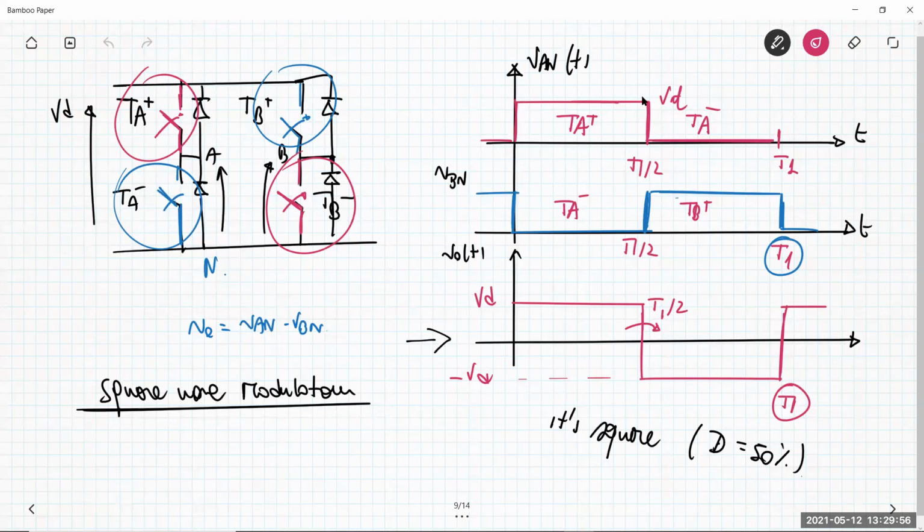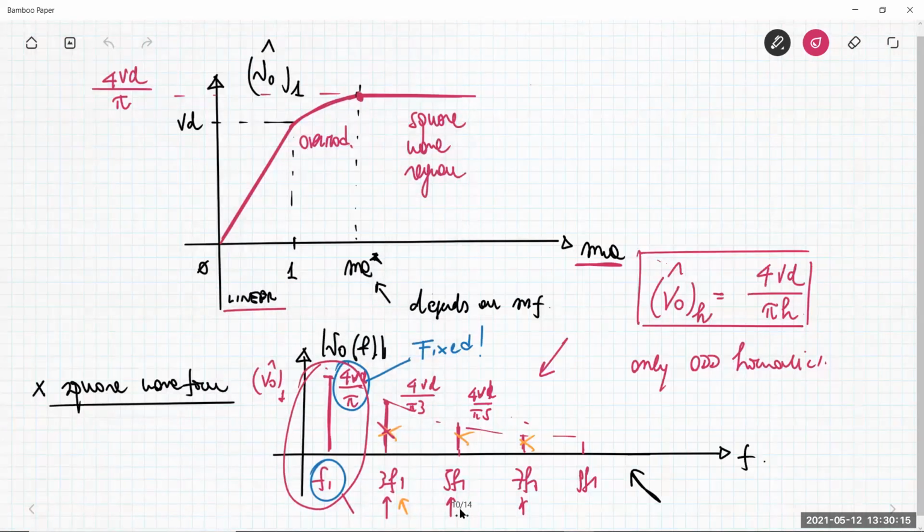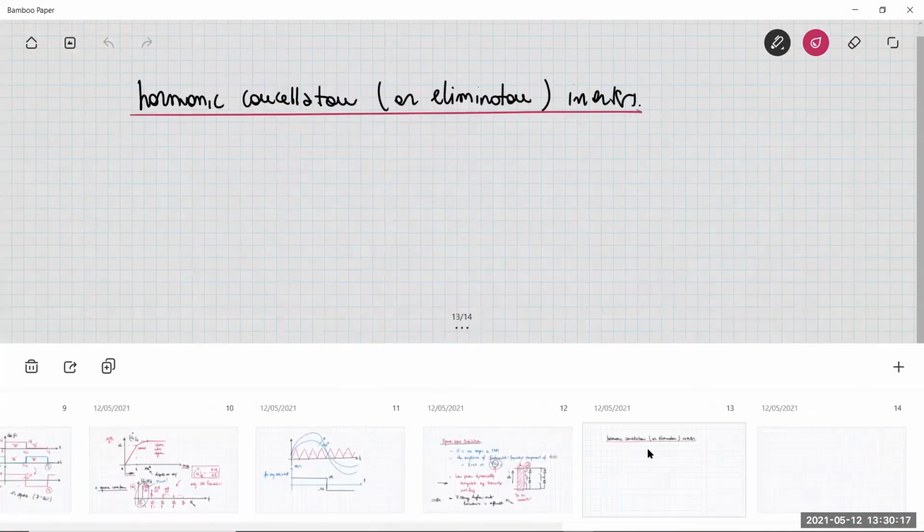VAN is a square waveform like this, for example, 0 to pi, and VBN is 180 degrees out of phase with respect to VAN. The difference between the two provides us the output voltage. What happens if, starting from this situation, I make some modification?